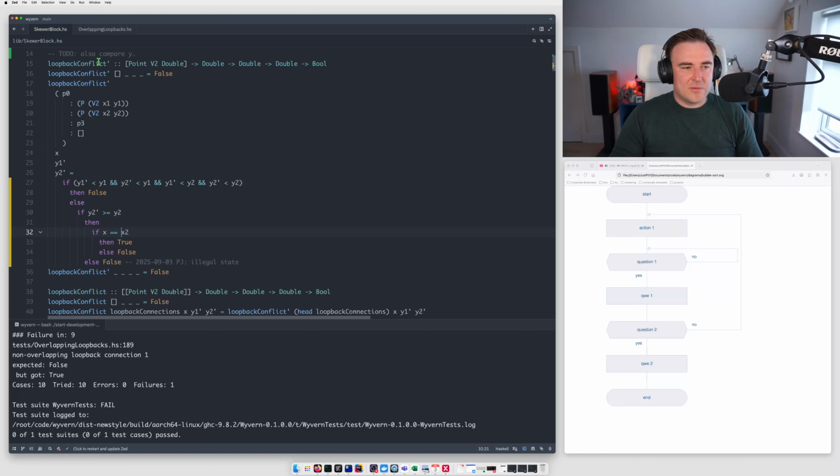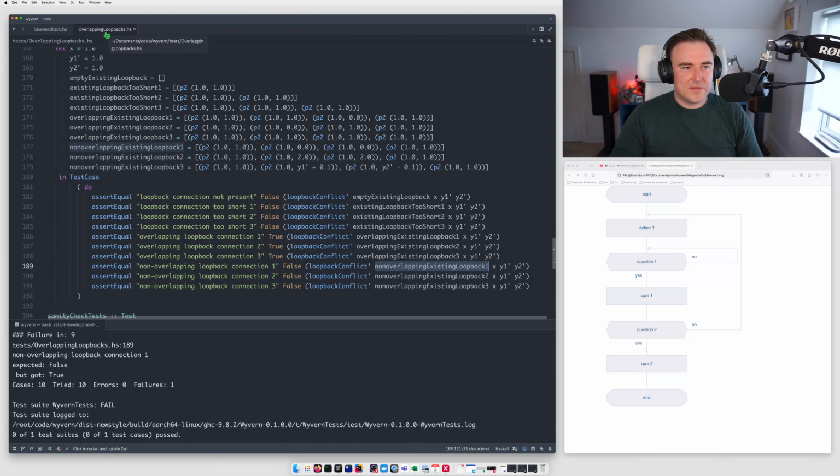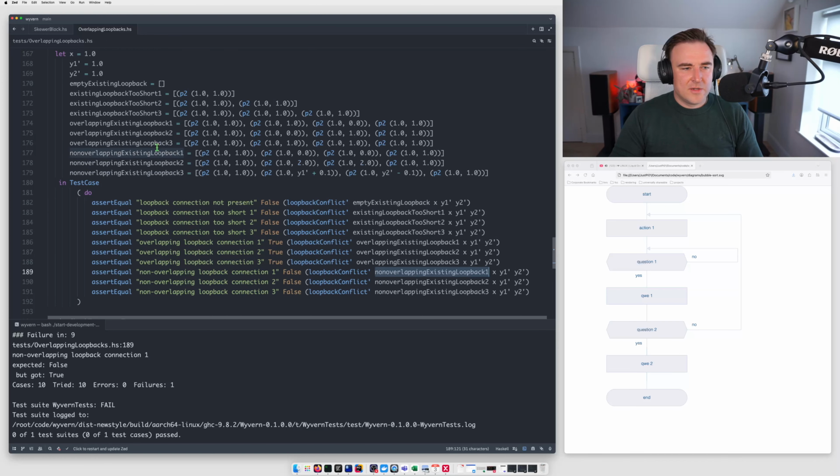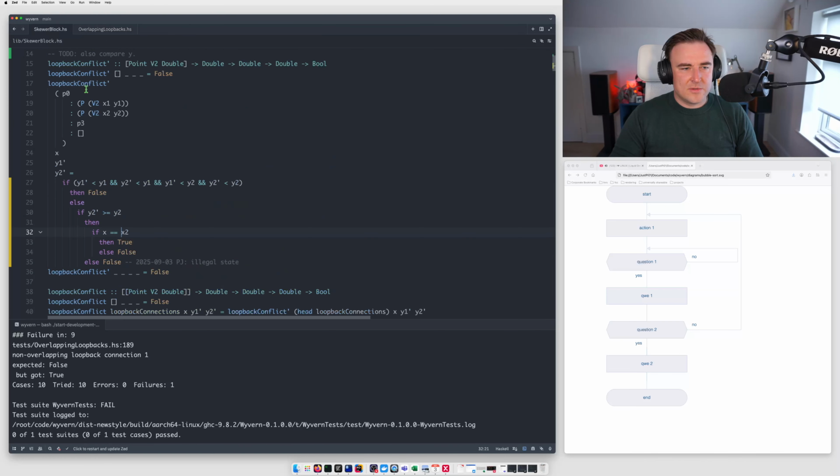And x equals to x2. So our x is 1 and x2 is also 1. So it is an overlap.